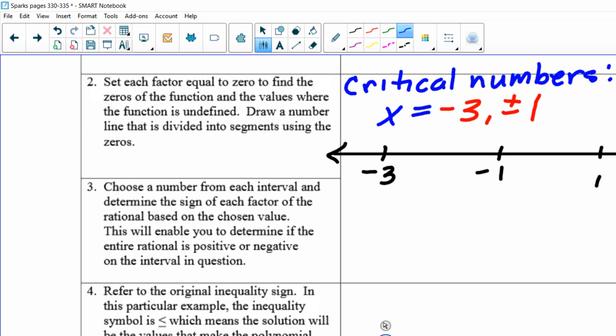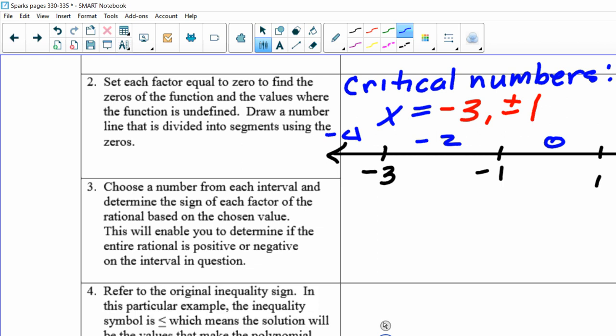Now we're on step 3. Choose a number from each interval, and determine the sign of each factor of the rational expression based on that chosen value.